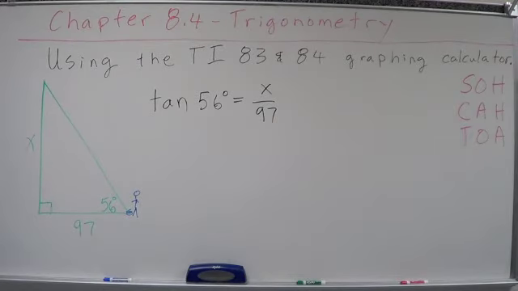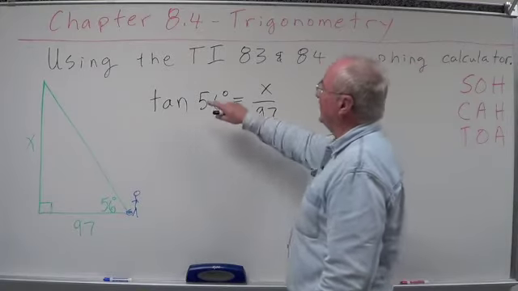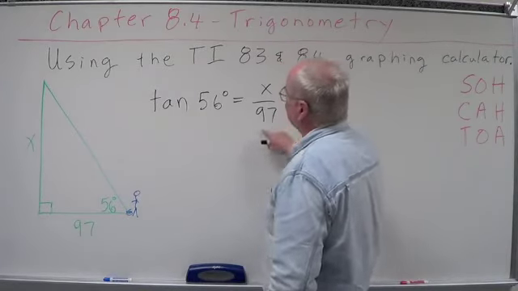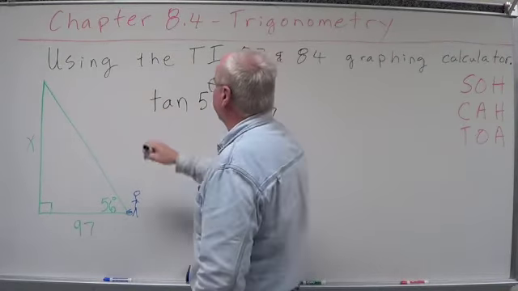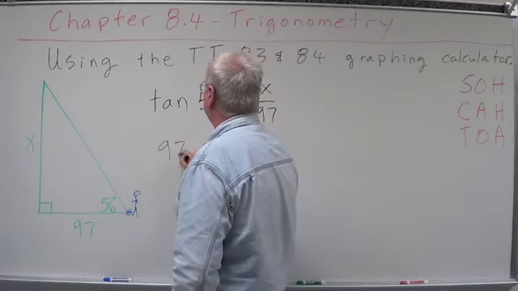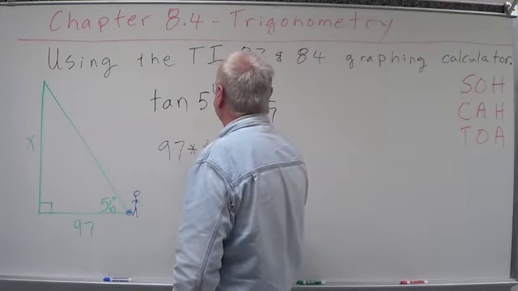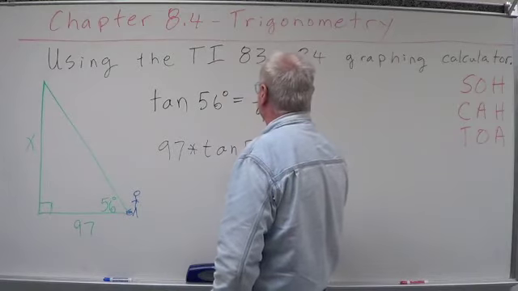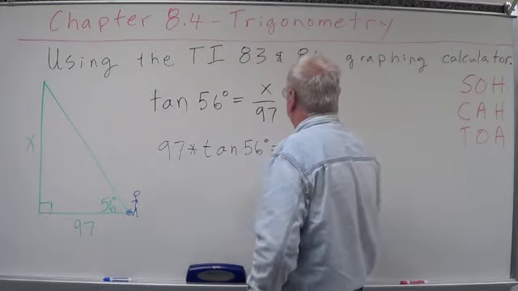So, how do we use our calculator to do this? Well, let's do the algebra. In order to get x by itself, we've got to multiply both sides by 97. When we do that, we end up with 97 times tangent of 56 degrees equals x.